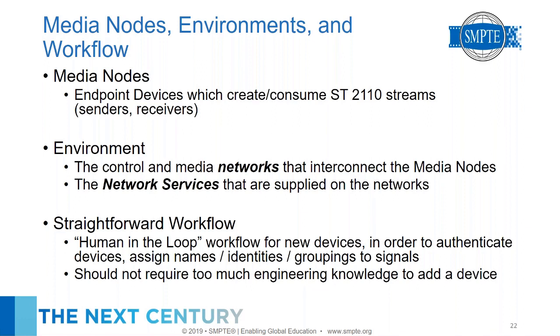And honestly, if a new device showed up in your facility, you'd like to make sure you know about it, and that it isn't just something somebody ordered and plugged in and you didn't know. So that's the kind of human in the loop, straightforward workflow that we envision: there's still permission that the device ought to be here, and giving it a name and identity so that it can be used operationally.